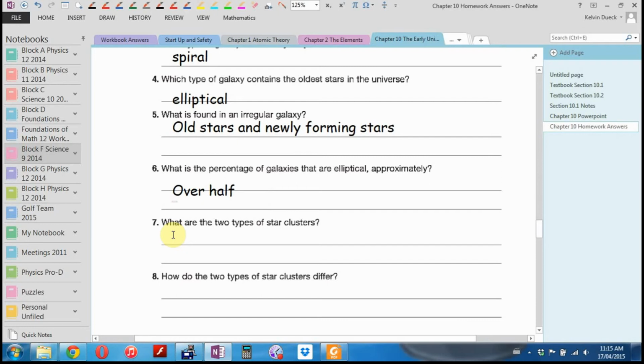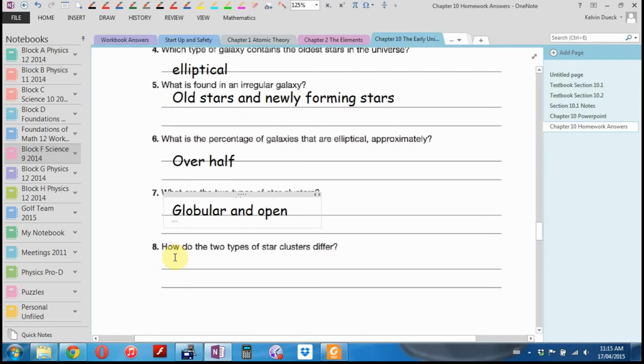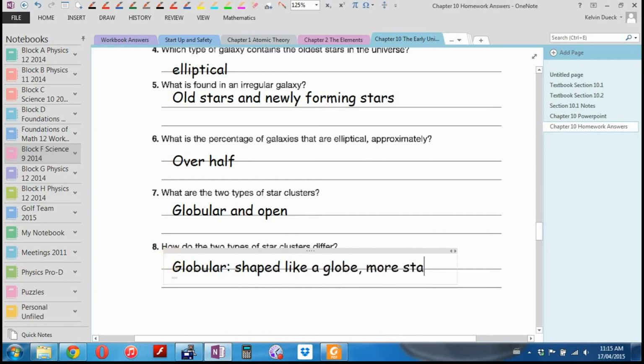What are the 2 types of star clusters? Globular and open. How do they differ? Globular, shaped like a globe, more stars.